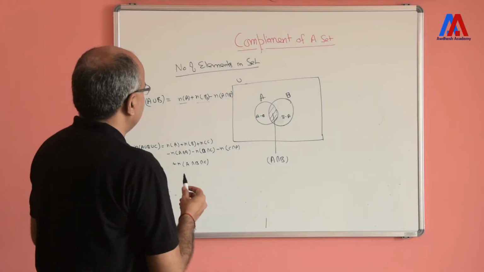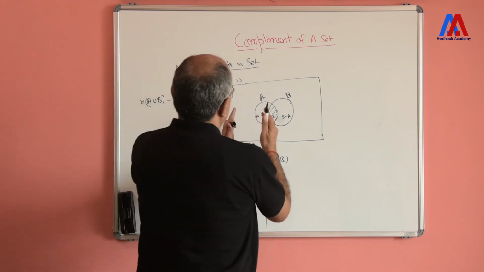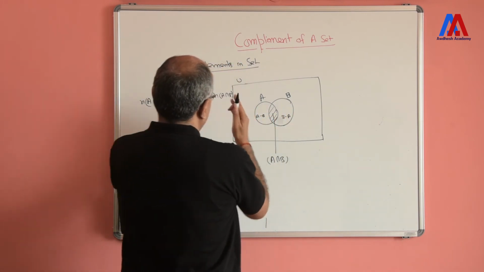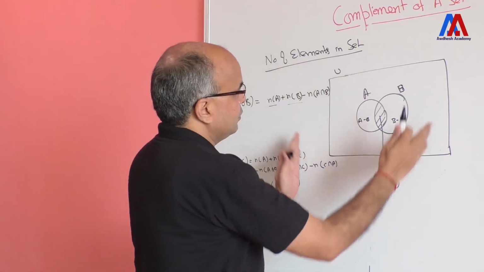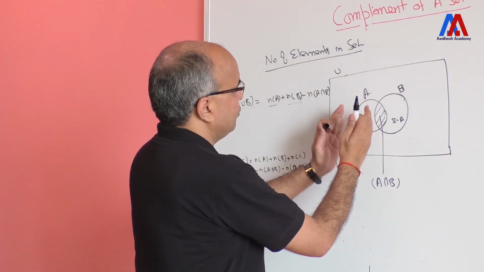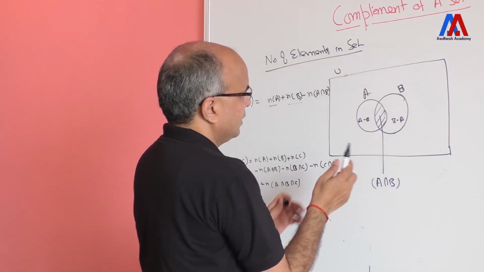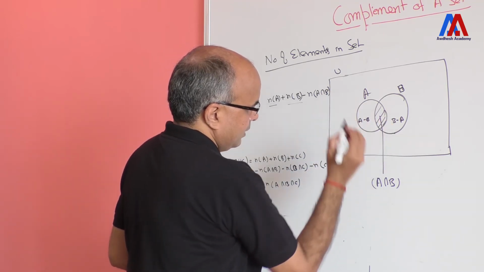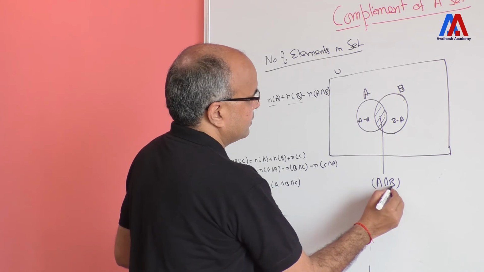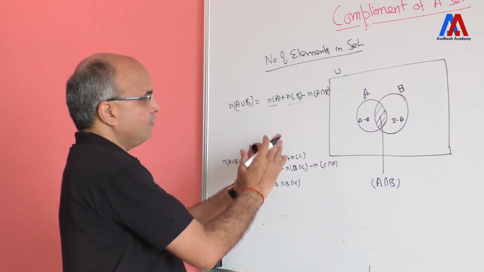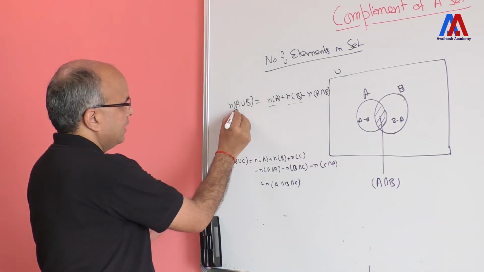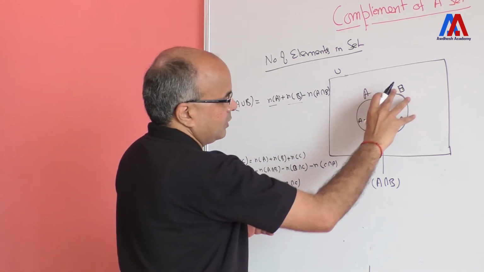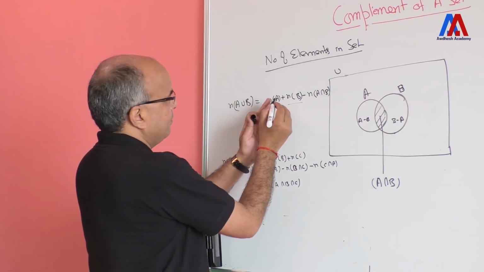We'll now try to understand how to calculate the number of elements in the different set operations. Now this is a universal set. You have two sets here, A and B, and we are also seeing that there is an intersection here, represented as A intersection B. So if you want to find out how many elements are there in A union B, that is this total area, then we add n(A) plus n(B).